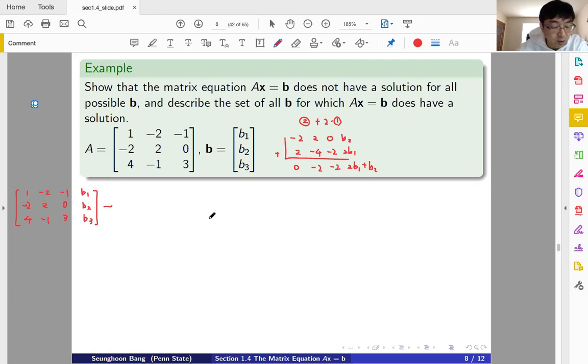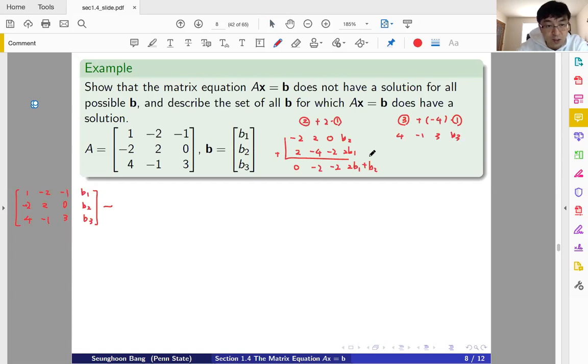Next, you can eliminate the 4 in the third row. The same method: the third row plus negative 4 times first row. The third row is 4, negative 1, 3, b3.